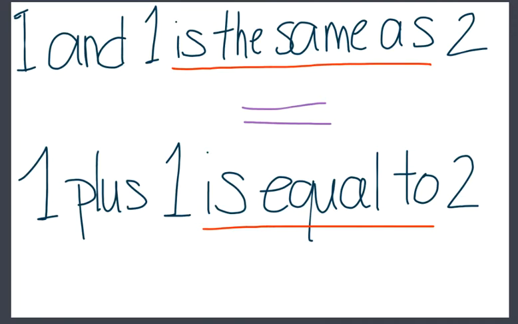Let's do that. What I have underlined in red, I am going to replace with the equal sign.